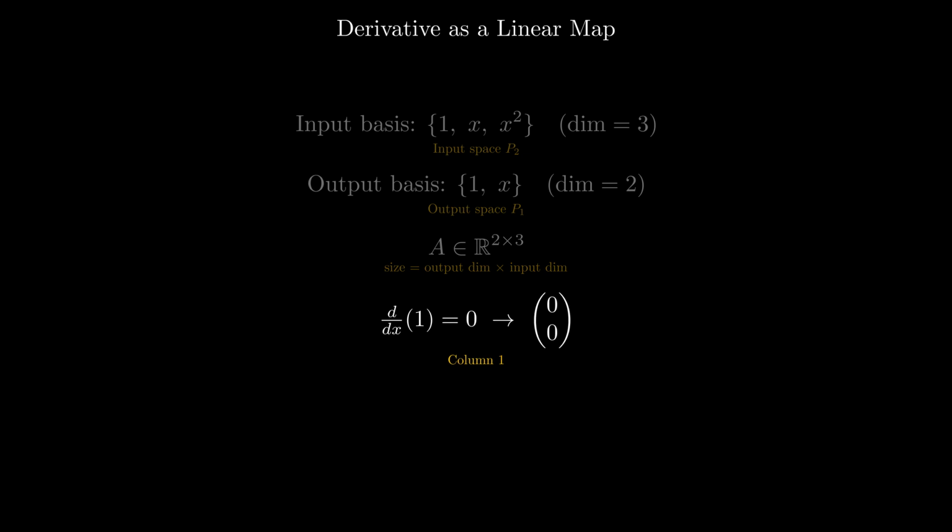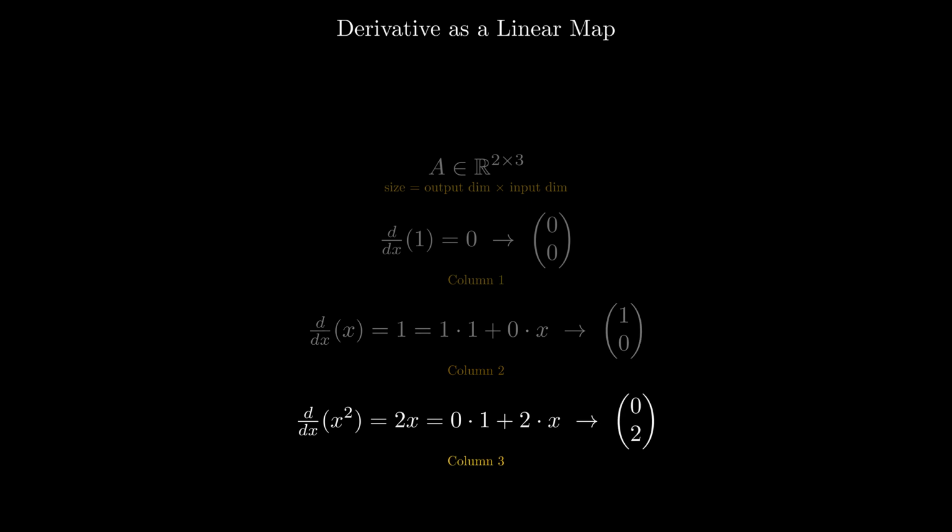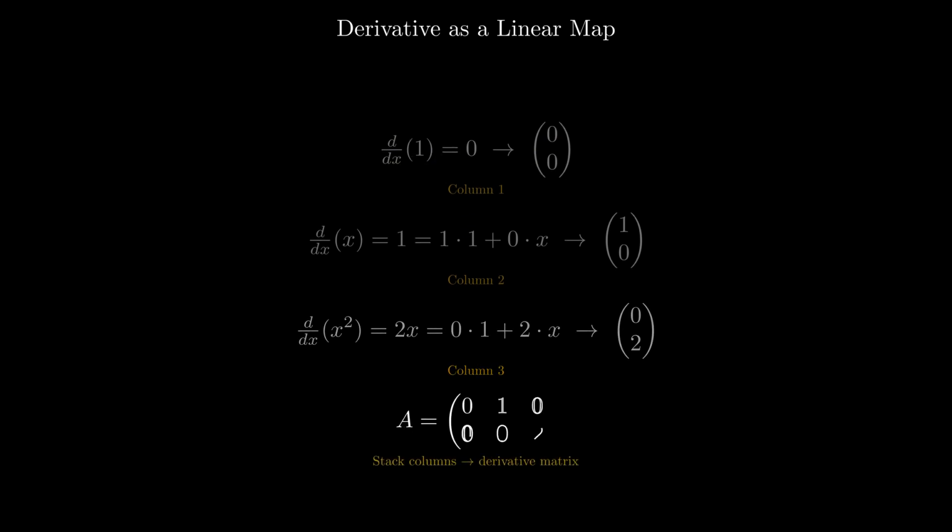The derivative of 1 is 0, so column 1 is 0, 0. The derivative of x is 1, which in the output basis is 1 times 1 plus 0 times x, so column 2 is 1, 0. The derivative of x squared is 2x, which is 0 times 1 plus 2 times x, so column 3 is 0, 2. Stack the columns, 0, 1, 0 on top, 0, 0, 2 on the bottom.